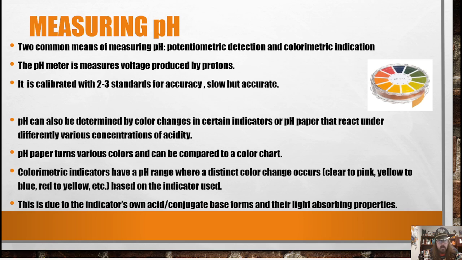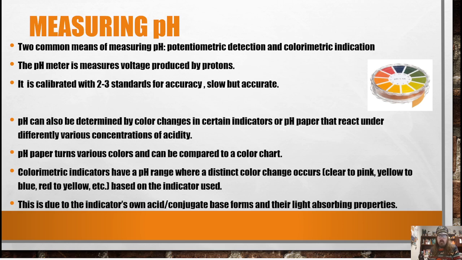Now, there are also indicators that cause color changes. The idea is that there are certain molecules that are pH active, meaning that in base it strips a key acidic proton, or in acid it adds a key acidic proton, and they cause a difference in light absorption such that we see a color change.